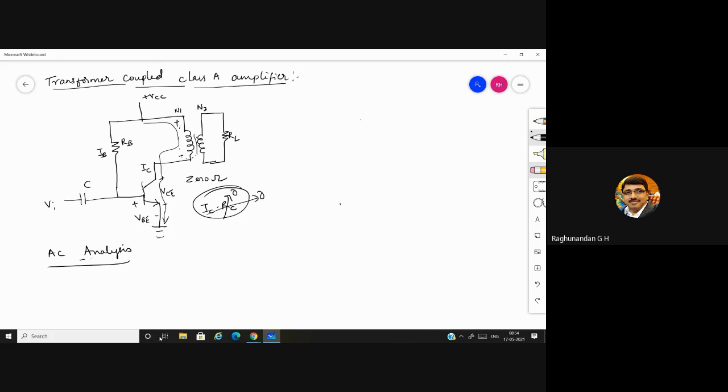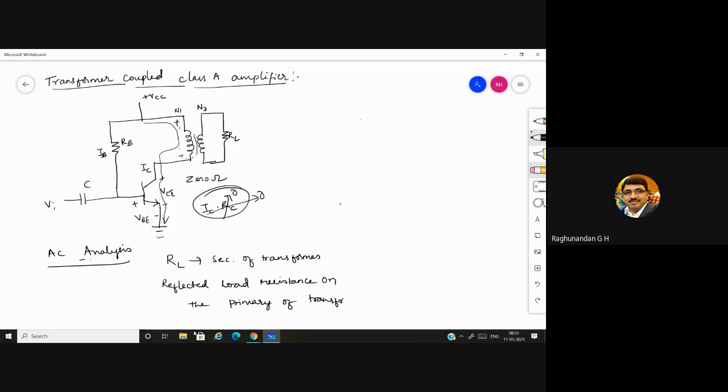So during AC analysis, the load resistance connected across the secondary of the transformer will have a reflected load resistance on the primary of the transformer.